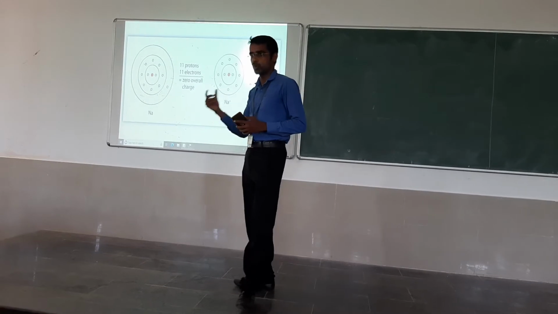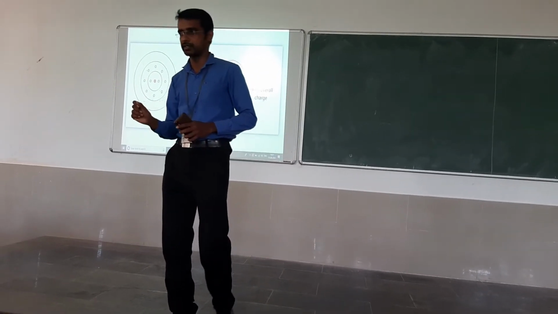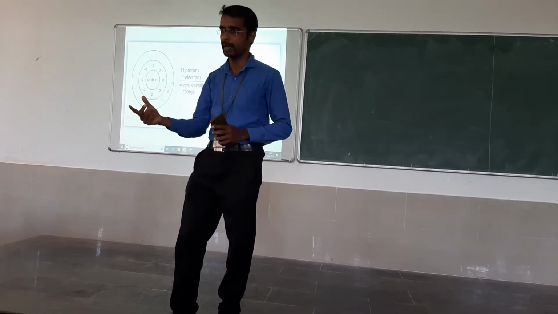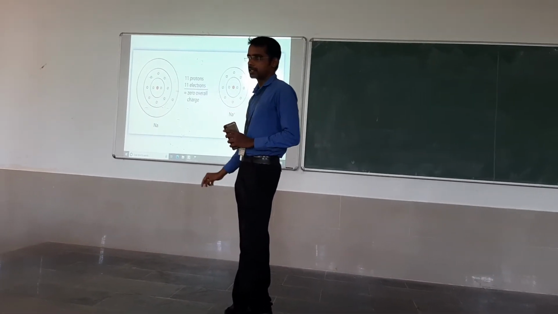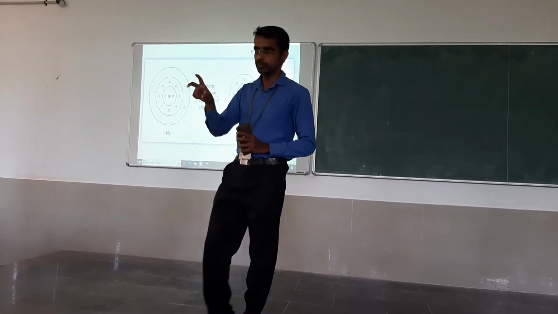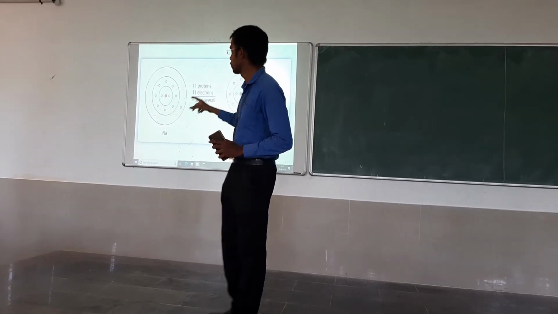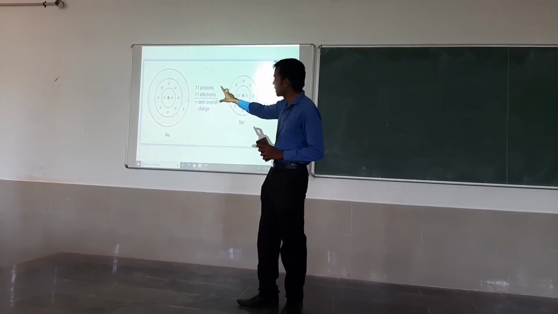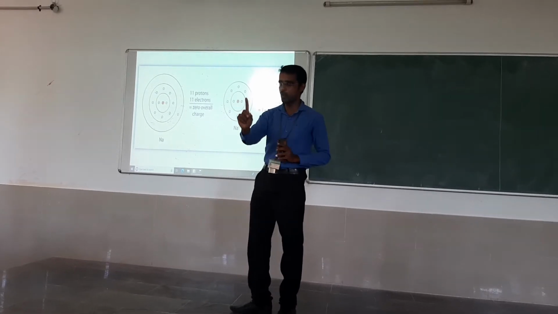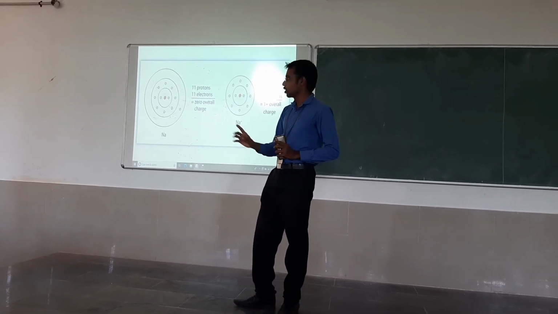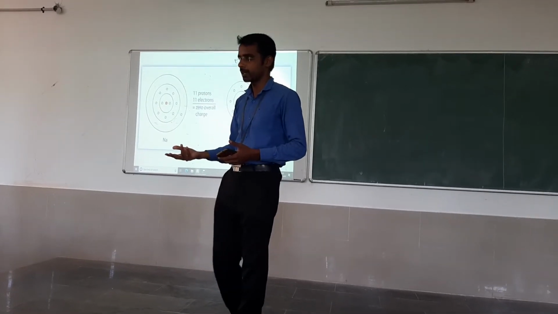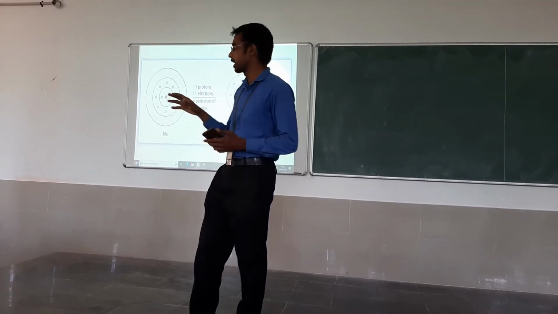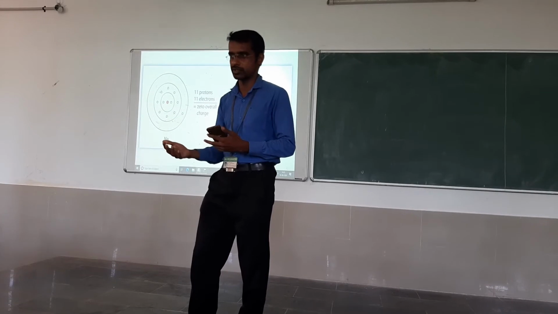The overall charge is equal. The orbits hold 2, then 8, then 8. The outer orbit, you can see 2 plus 8 is 10, so the outer orbit has 1 extra electron. As such, this is not stable. To become stable, as taught in first year, it has to go for sharing of electrons.